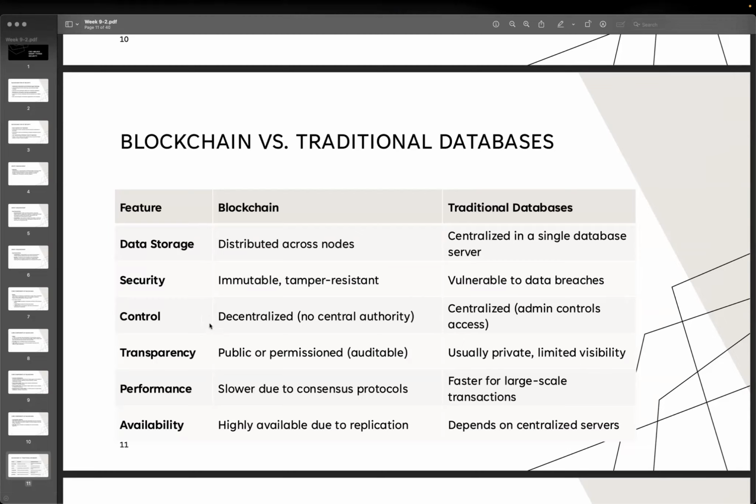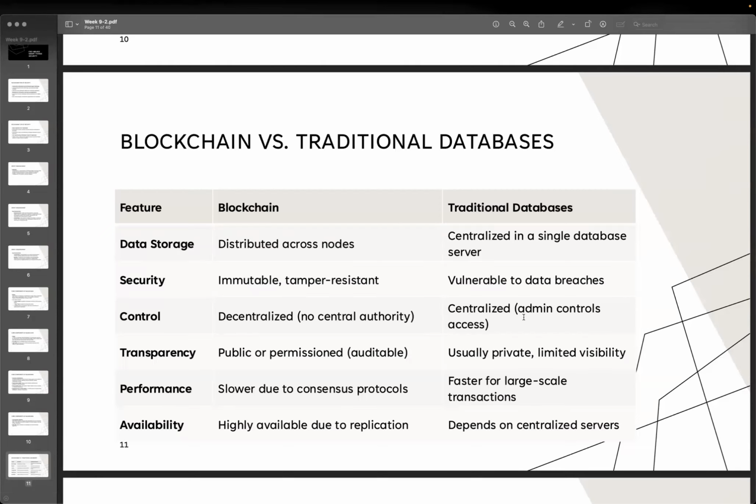Okay, and for control, because we don't have a real central authority, we can do decentralization. But for the traditional database, whether NoSQL like MongoDB, or RDBMS like MySQL, they have centralized control, controlled by the admin or some user account.